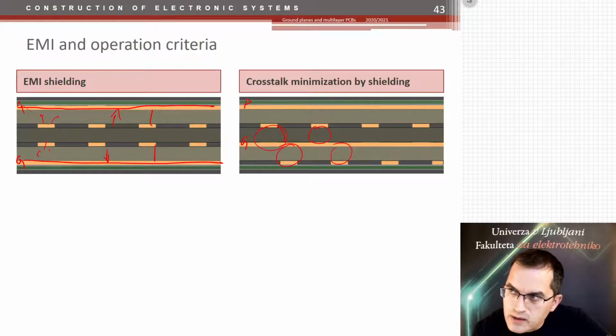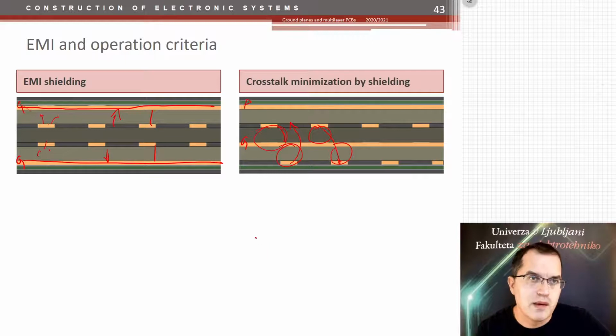So this ground plane acts as a nice shield to minimize the cross coupling of the noise between the tracks. But also, if you interleave this track, so one is here, the other is interleaved, then you have a nice separation of the return current as well. And this separation of the return current also minimizes the crosstalk.